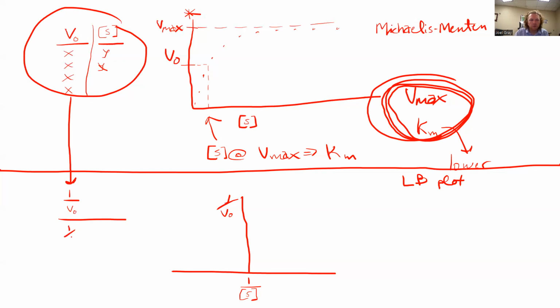So 1 over, 1 over, 1 over. Now the other part of this is you're going to take your substrate concentration and take the reciprocal of that, 1 over substrate concentration. So 1 over this, 1 over this, 1 over this.